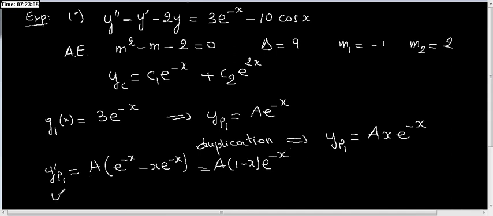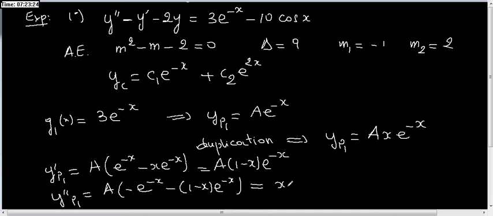We differentiate again, y_p1''. Differentiating 1 - x gives minus e^(-x), and then minus (1 - x)e^(-x). At the end we obtain a(x - 2)e^(-x).